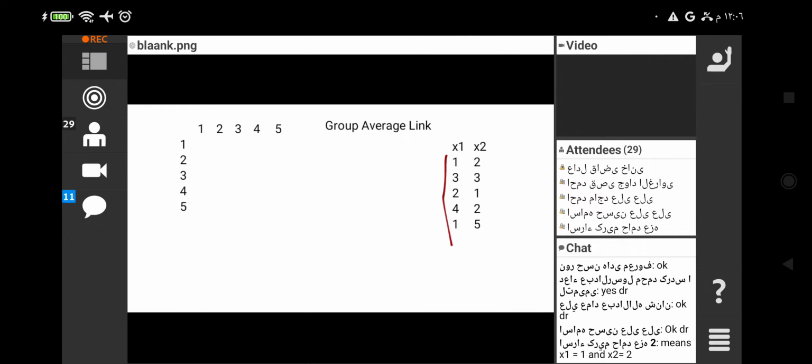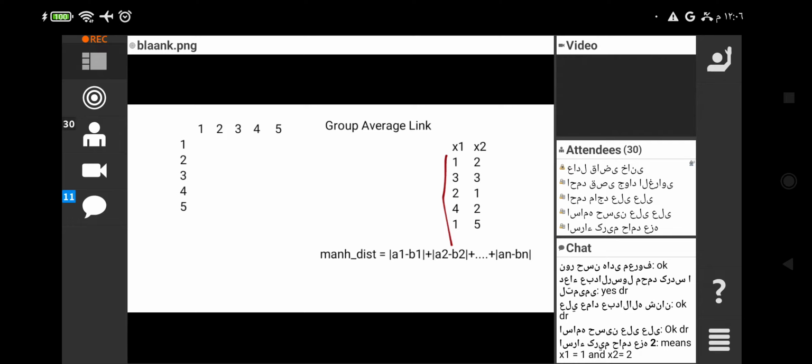Manhattan distance is equal to... okay, this is the Manhattan distance.